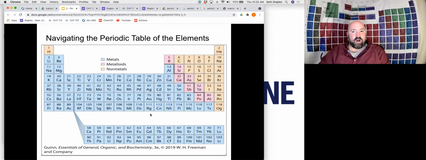Metals are all in blue here. One thing that you'll note is that really that's the majority of the table. We have to start to think about distinctions between how we define something scientifically or chemically and how things are used in everyday usage. In everyday usage, we think of metals as things like iron, nickel, copper, gold, silver, palladium, platinum, titanium, some of those typical metals that we think of when we hear the word metal.